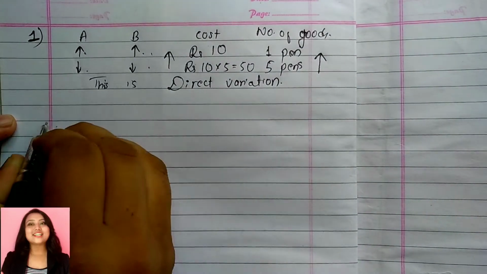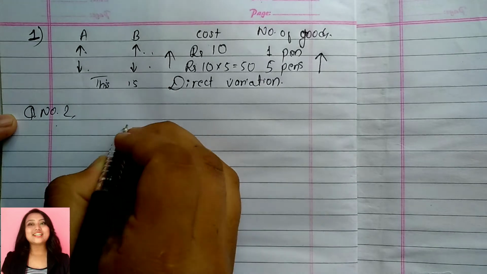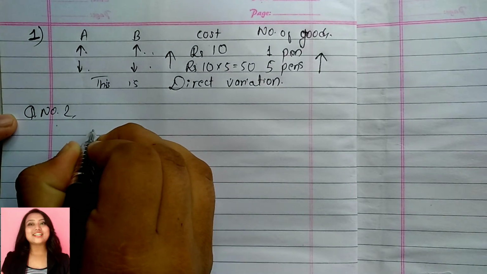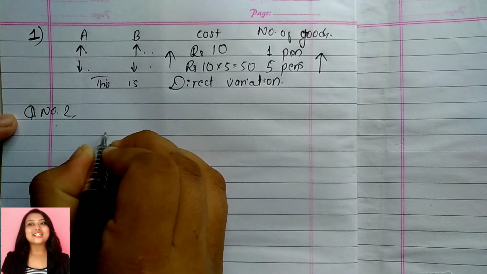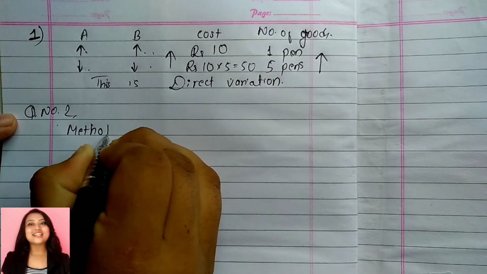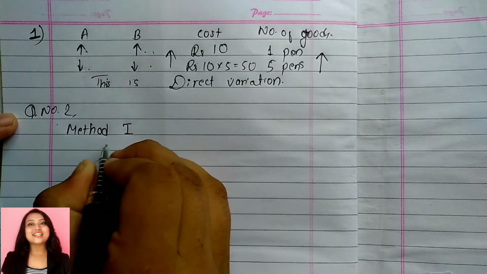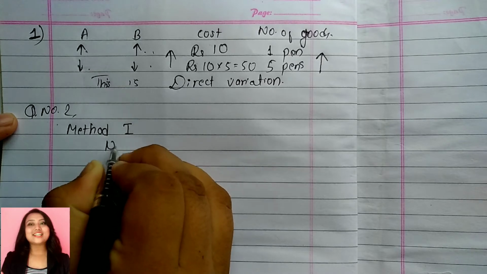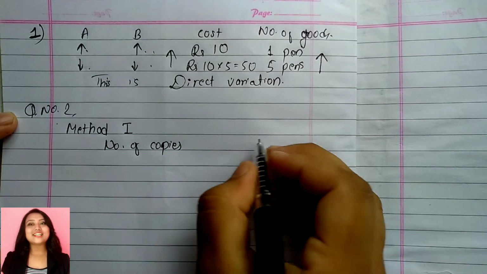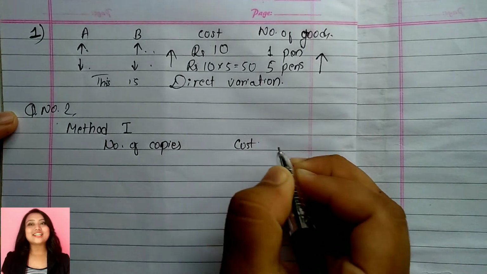In question number 2, it's given 25 copies cost 750. Here we can do it in method number 1. Method 1 will be like this: number of copies on one side, and on the other side we'll write cost.